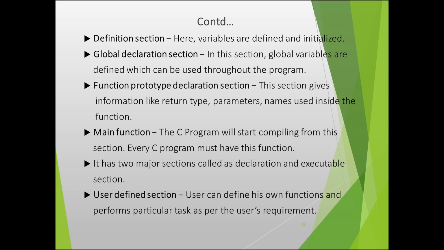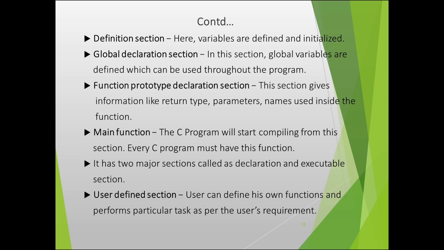And the global variable declaration section. Before that, variables can be classified as global variables and local variables, based on where they are used in our program. Global variables are declared before the main function or outside the main function, whereas local variables are declared within the function itself or the main function itself.